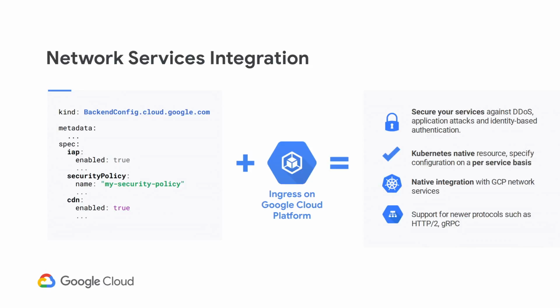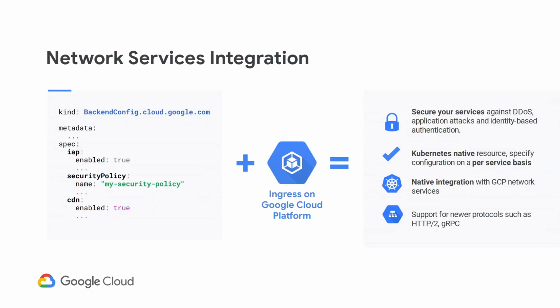We introduced the concept of a backend config. What backend config enables you to do is, on a per service basis, specify which network services within Google Cloud Platform you would like to use via ingress. So this ensures you satisfy your use cases around application layer security.